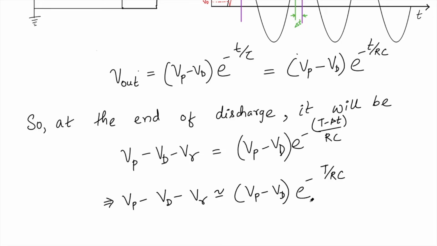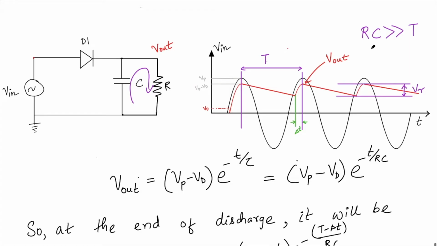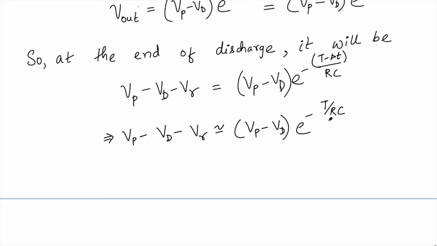Now again, we are going to do another approximation. We have approximated that this RC is much greater than T. So in this exponential, this is going to become much smaller than 1. So I can approximate this whole exponential with 1 minus T by tau based on the simple mathematics.